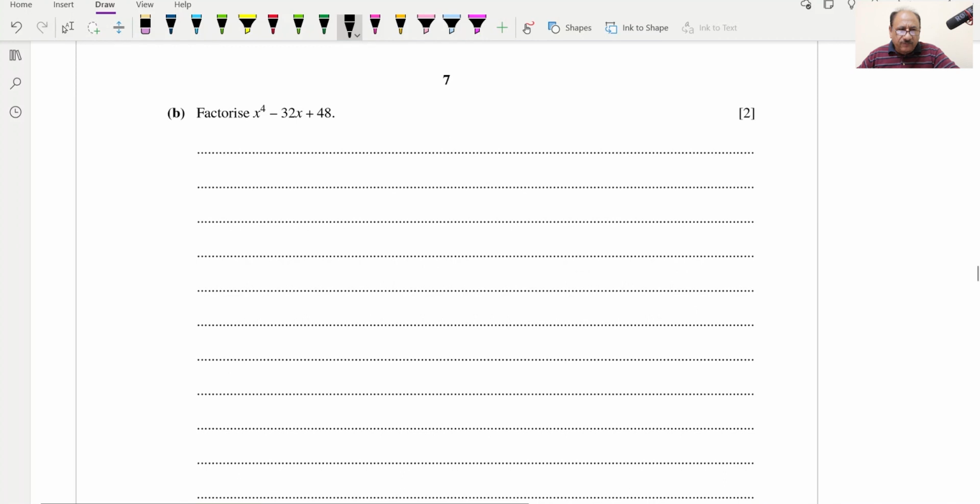Now we can move to this portion which is saying factorize. This is also a 2 marks part.